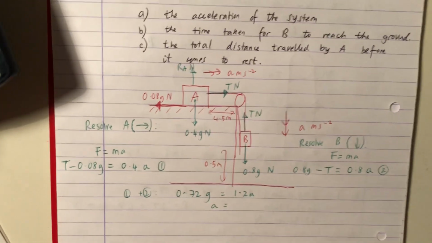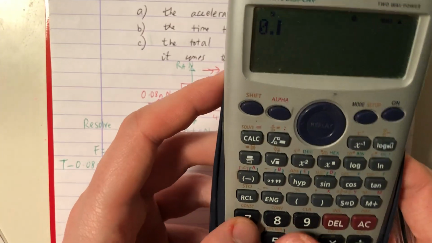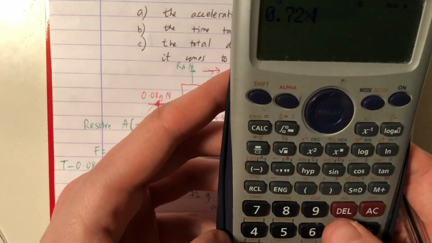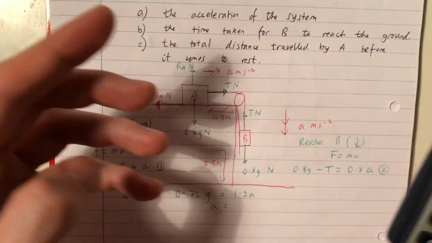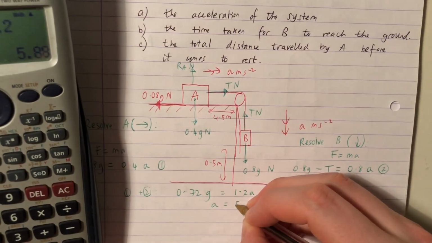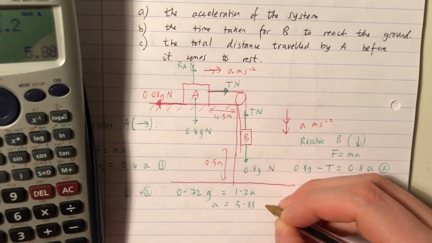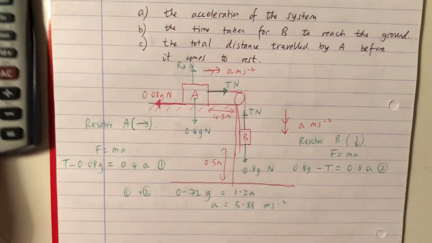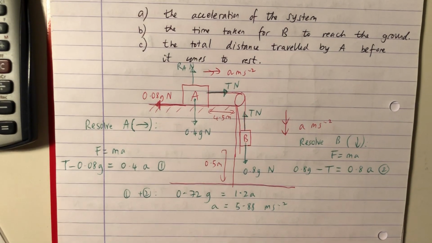Remember, G is equal to 9.8, so 0.72 times 9.8 divided by 1.2 gives you an acceleration of 5.88 meters per second squared.